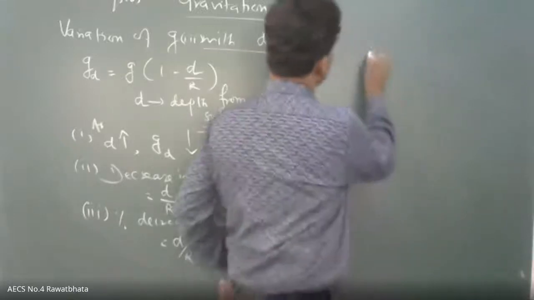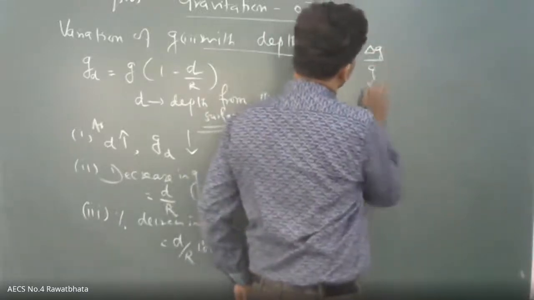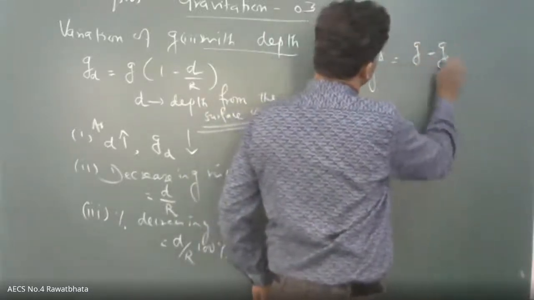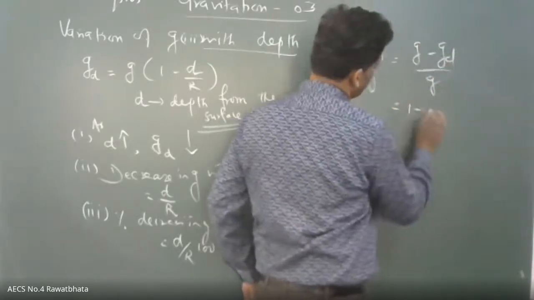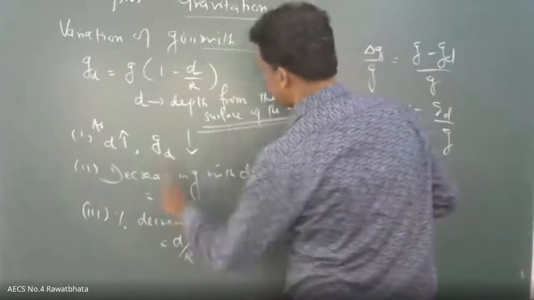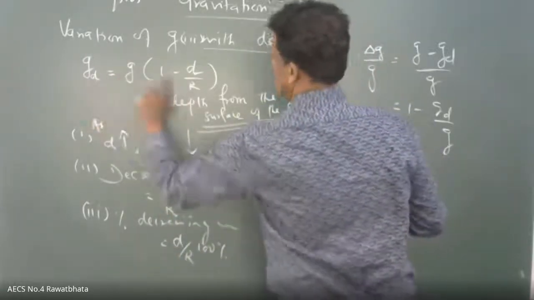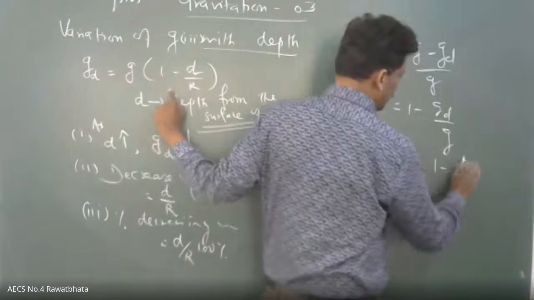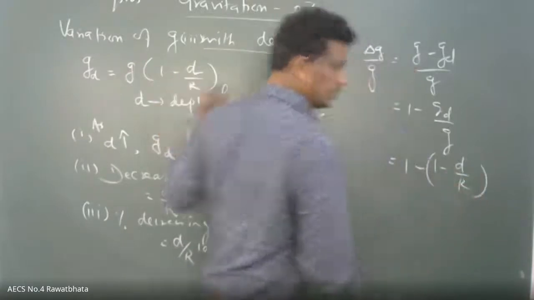What is the change in value by original value? g minus g_d by g. It is nothing but 1 minus g_d by g, which is 1 minus (1 minus D by R). That's all.